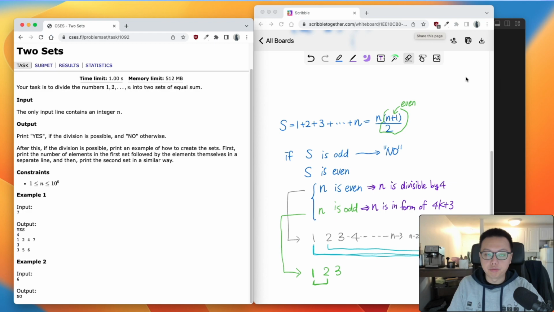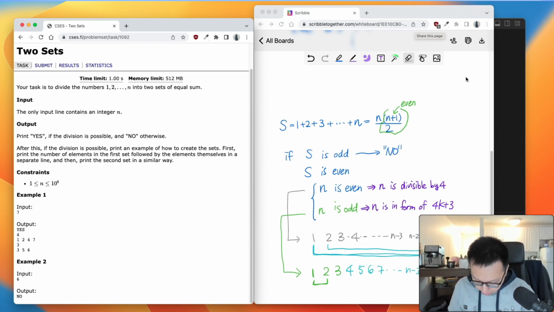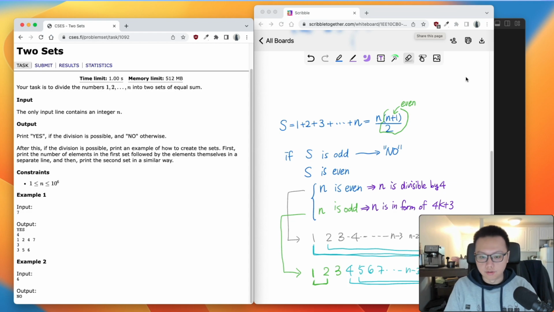So that takes care of the first 3 numbers. And then for the remaining numbers, starting from 4, 5, 6, 7, up to n-3, n-2, n-1, and n, we still do the same trick as the previous idea. Okay, so that gives us the construction of a solution, right? We just come up with a solution and show that the answer is always yes.